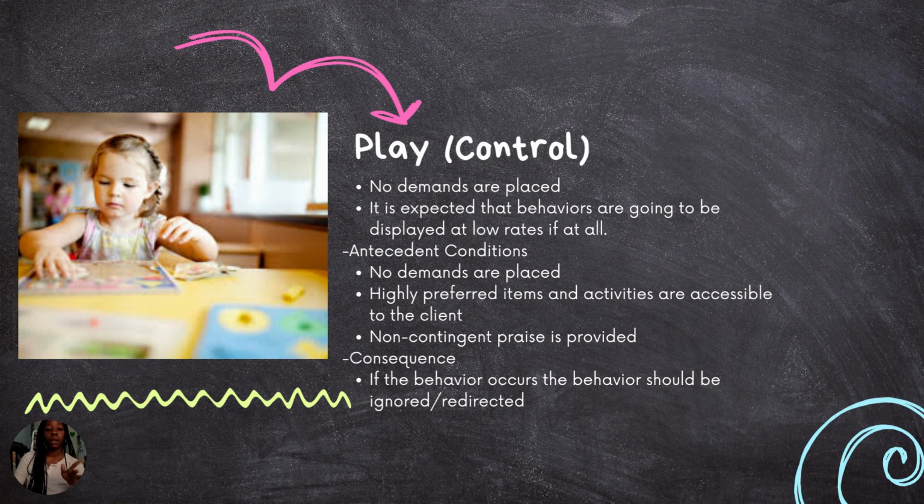And it is important to remember that no demands are going to be placed on the learner during this condition. So, if the behavior does occur, we should ignore it or redirect it.